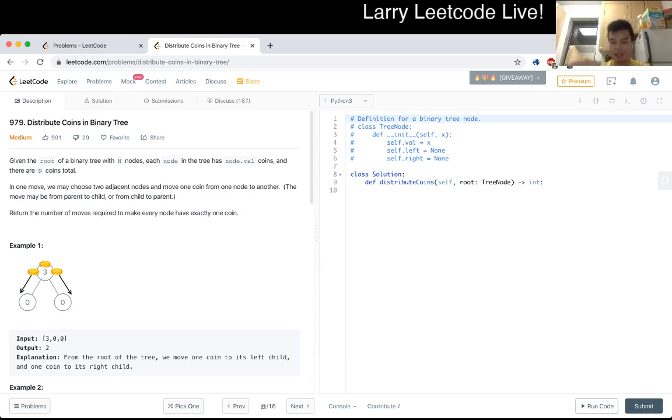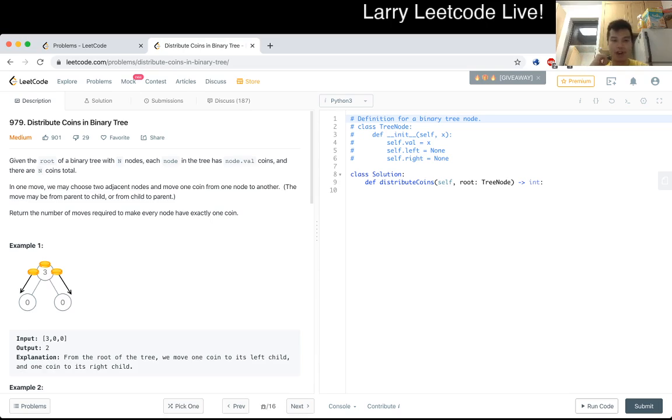So I think we're talking about invariance, and that's going to be the invariant. And what that means is that at every turn, you will always move your coins either to the left or to the right, binary tree, left or right. The number of coins that's required, right?